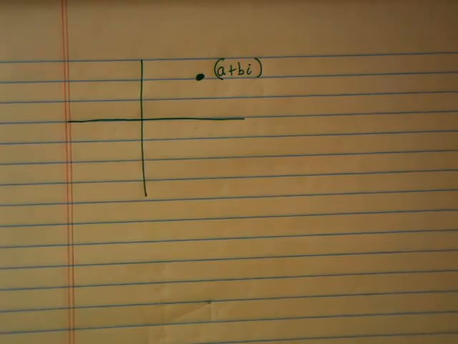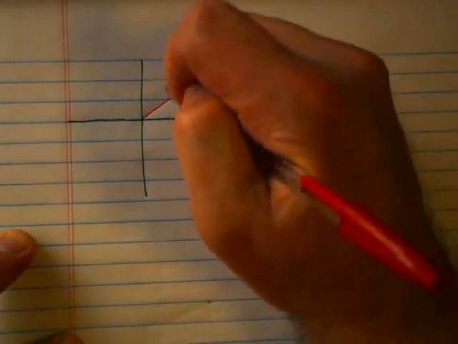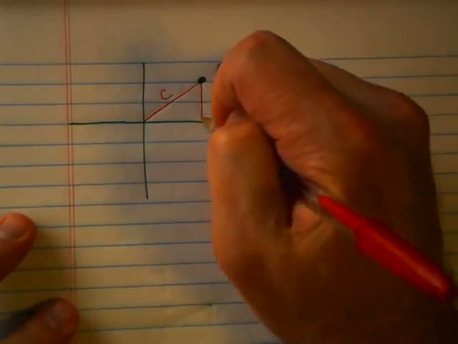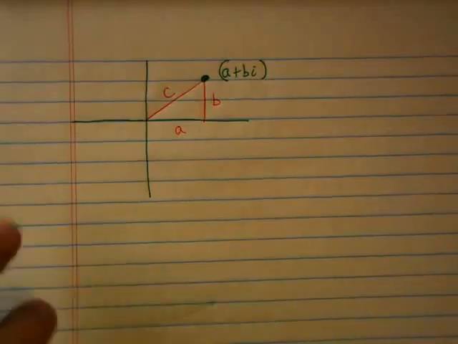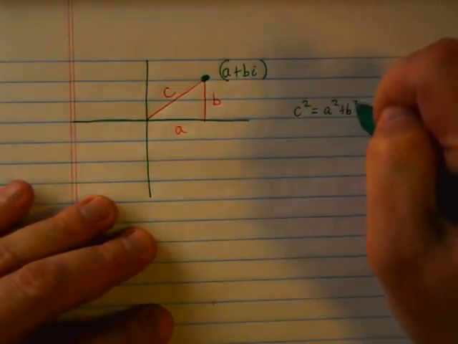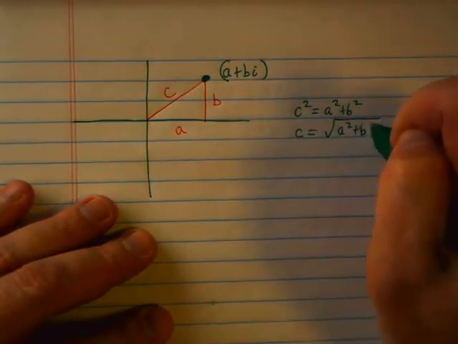If that's the point a plus bi, how far is that distance c, in terms of the letters a and b? That's the Pythagorean theorem, isn't it? This distance is a, this distance is b. So c squared is a squared plus b squared. So c is the square root of a squared plus b squared.